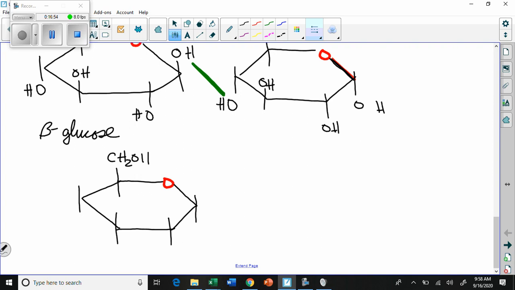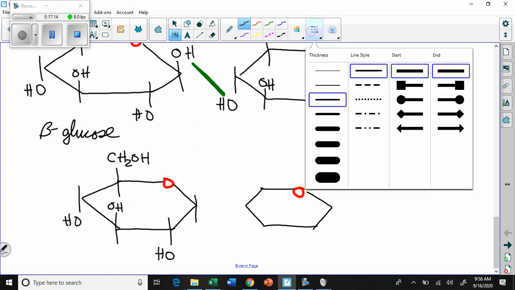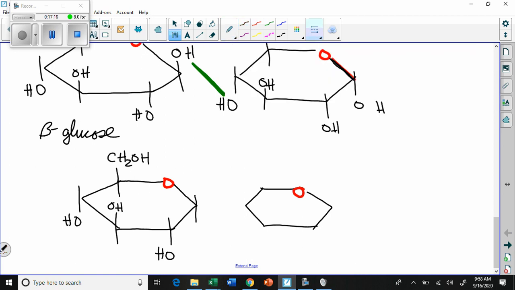CH2OH over here, the HO down here. That's that. This has an OH here, and this has an OH here. And then we will draw the other one over on this side, like this. Left room for the O. Right there. And then we'll draw this here like this. We'll put our CH2OH here.